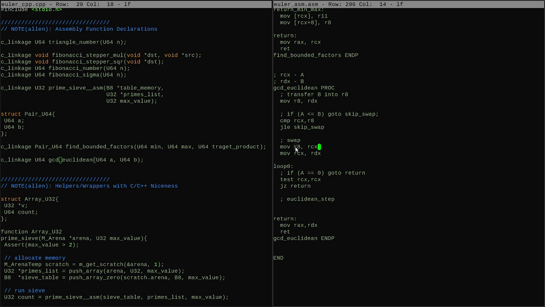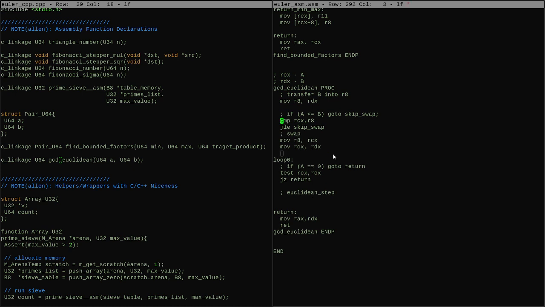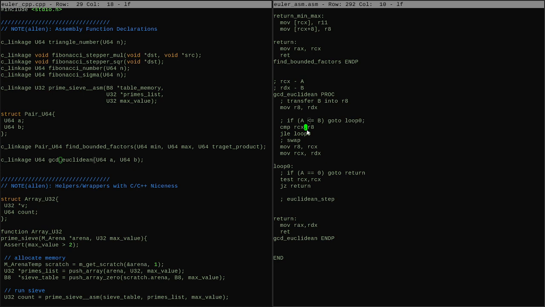So then R8 becomes the thing in here, A, and RCX gets the thing from RDX, which is like the temp that we've got from up here. So there's the swap. And then this goes to loop 0 still. If we don't need to do this, we jump straight to loop 0. Yeah, okay.